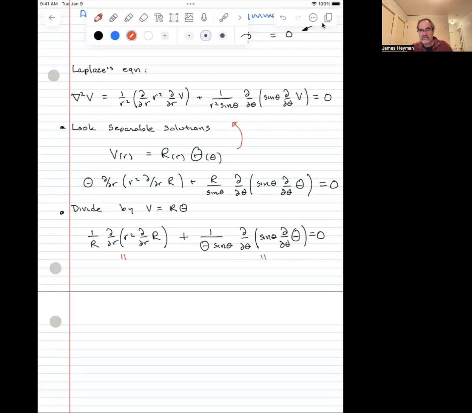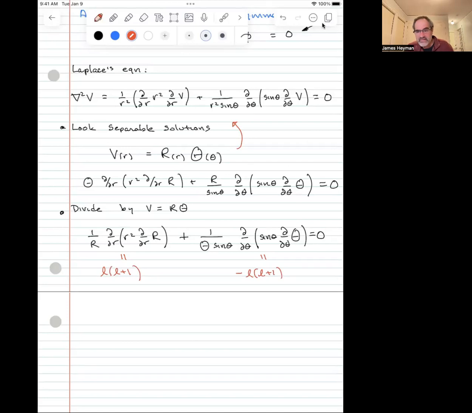So they both have to be equal to a constant. This constant, called the separation constant, we can write however we wish. And in this problem, it turns out it's nicest if we write this as L times L plus 1. So the first term we'll say is equal to L times L plus 1, and the second term then has to be equal to minus L times L plus 1, so that when we add them together, we get 0.